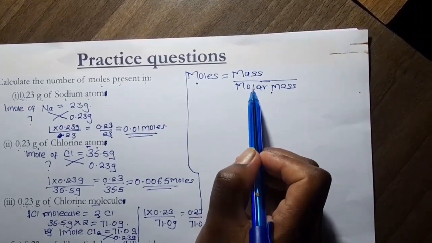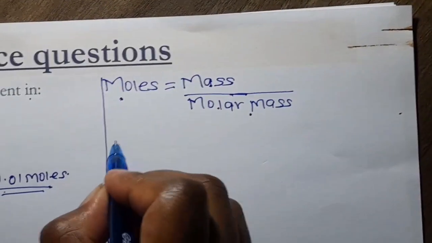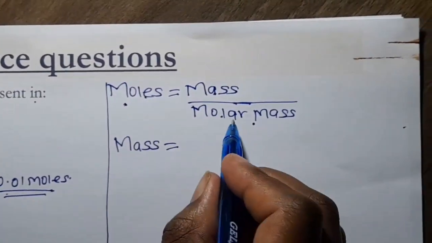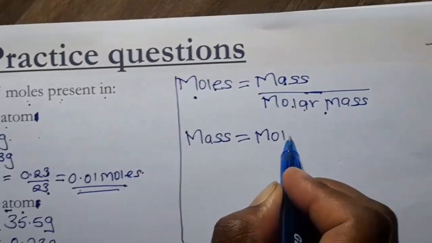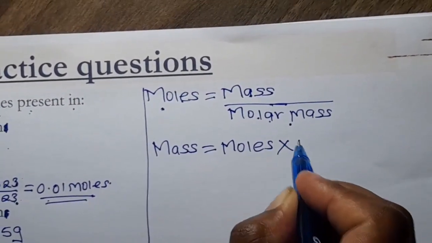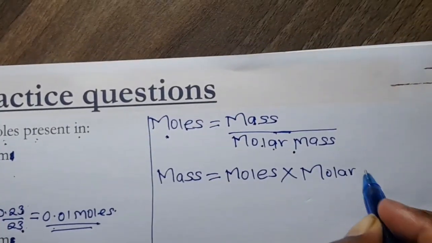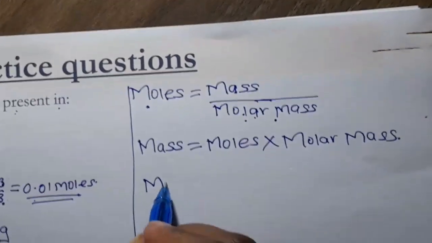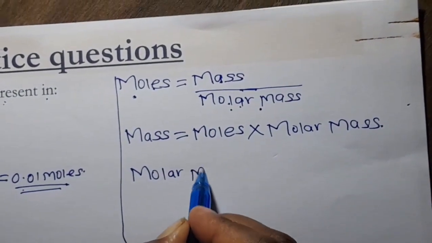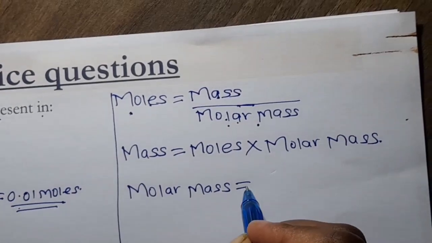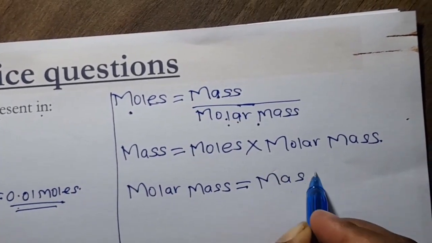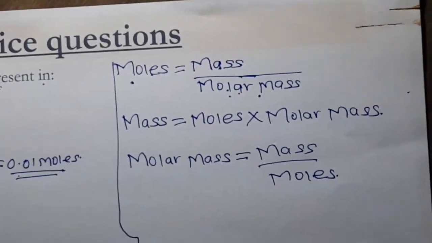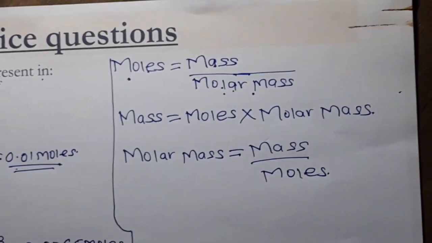And now from this formula, we can also get mass. To calculate mass, we take moles times the molar mass. So moles multiplied by molar mass. If you want to get the molar mass, we just interchange. So molar mass is equal to mass over the number of moles. So this is what we can deduce from that.